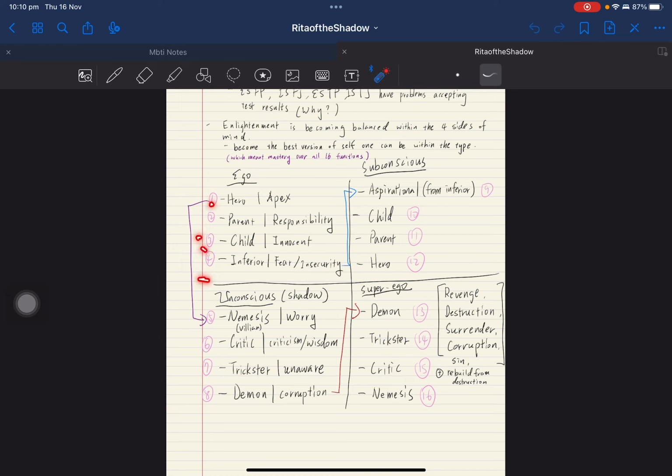If you take the 8 cognitive functions and put them into the ego and unconscious, that is one. That is 2 sides of mind. And then the subconscious is basically the ego in reverse order, and the superego is the unconscious in reverse order, that kind of thing.